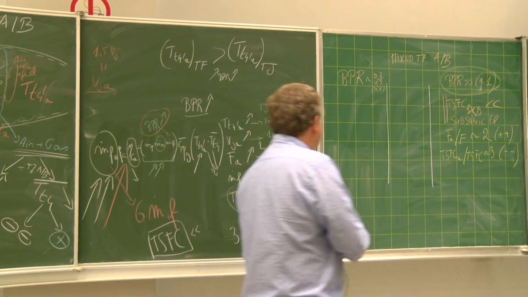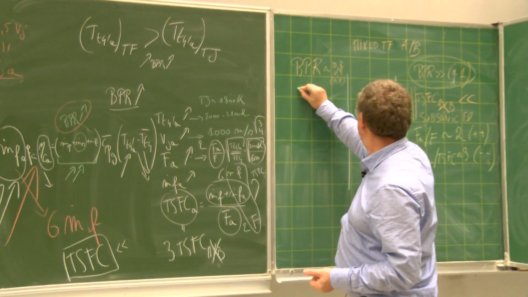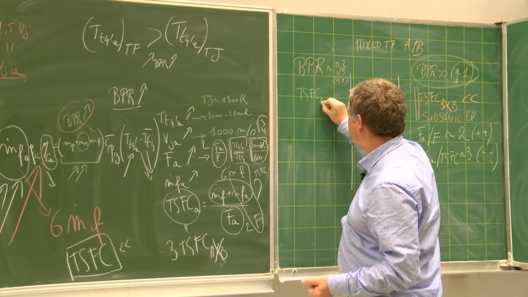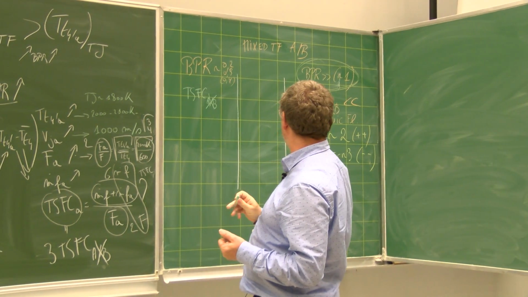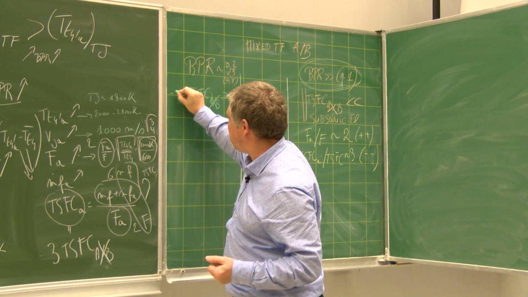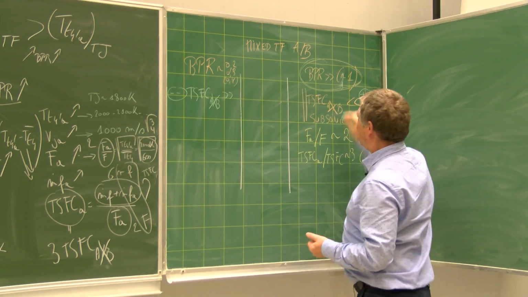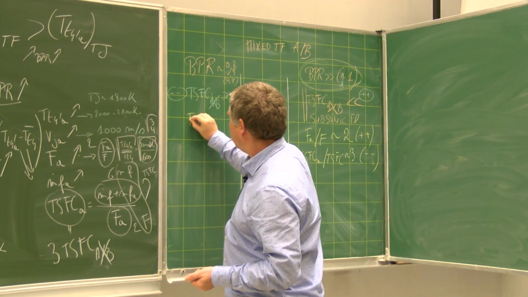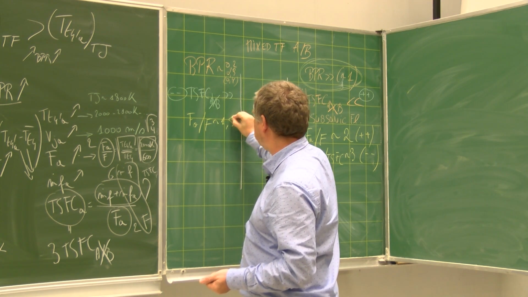If you go to the bypass ratio here, you will not have a very good afterburning TSFC, non-afterburning TSFC. It will not be a good one. This is negative. This was positive. So you will have FA divided by F that is more 1.5.